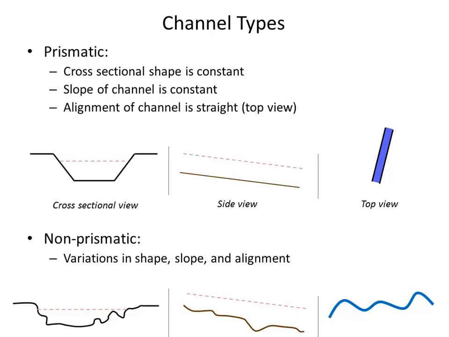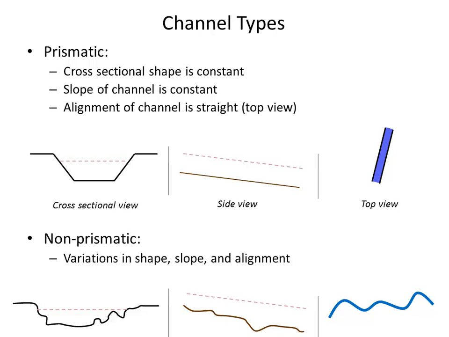So which of these two do you think is easier to solve problems on? Prismatic, absolutely. And so we're going to spend probably the first two-thirds of this module of the course talking about prismatic channels, because the calculations used to find the depth of flow or the flow rate that can be conveyed by a certain geometry are a lot simpler for a prismatic channel where the flow is steady and uniform.